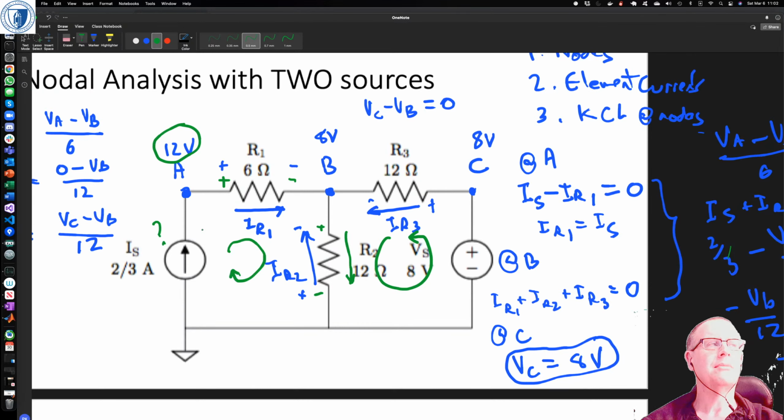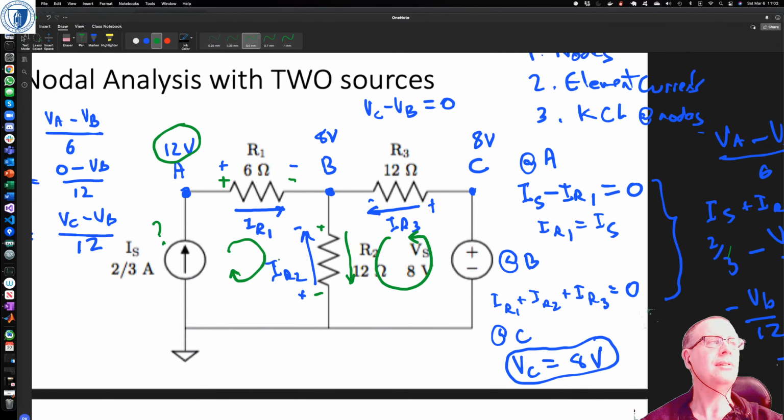Okay, so I tend to try and avoid combining nodal analysis and mesh analysis simply because the difference between mesh currents and element currents can get tricky. We could have defined, as I said earlier, IR2 in the same direction effectively, so then it'd be less confusing.